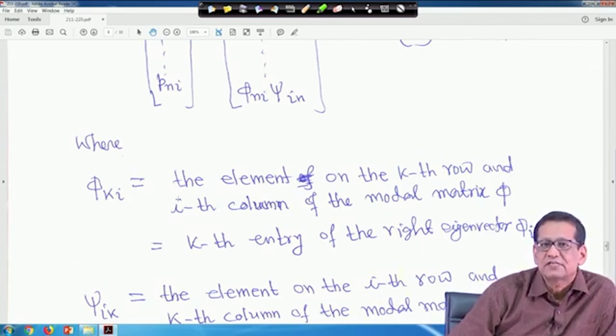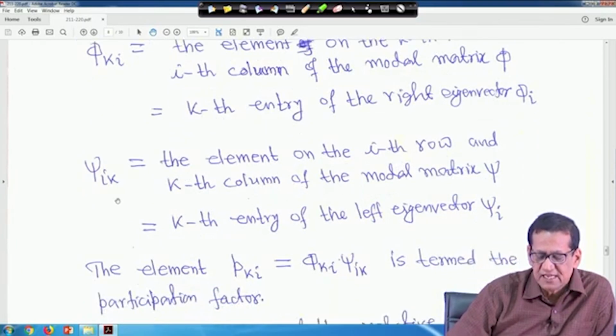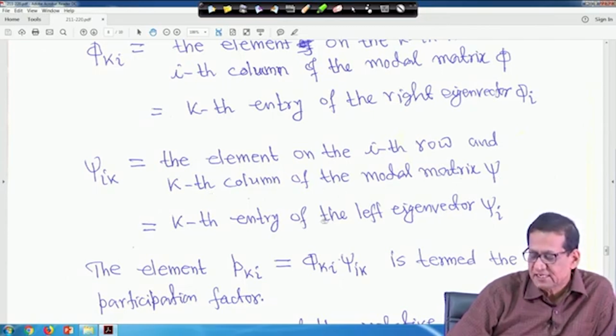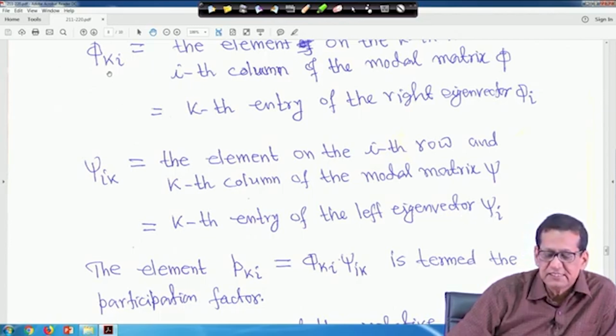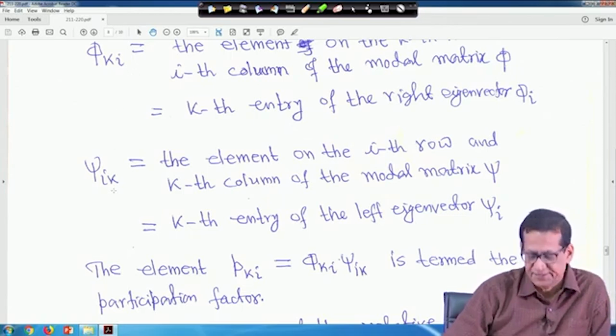That is phi 23, equal to the kth entry of the right eigenvector phi i. Similarly, psi ik, the left eigenvector, is the element on the ith row and kth column of the modal matrix psi, equal to the kth entry of the left eigenvector psi i. Suppose k is equal to 2, i is equal to 3, here it will be phi 23 and here it will become psi 32.